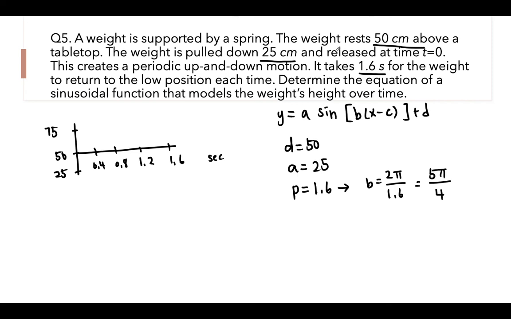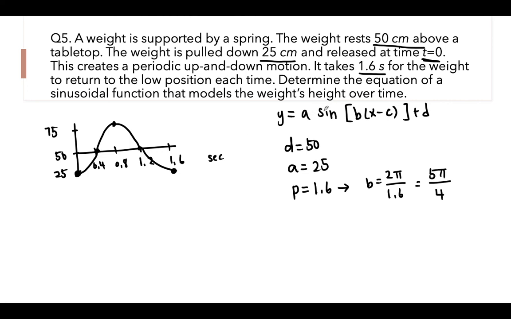Okay, and then you will notice that at time 0, it's pulled down 25 centimeters. So at 0, it's pulled down to 25 centimeters, and obviously after one cycle, it's going to come back to 25 again. And then halfway, you have the highest point and the middle. When I connect the dots, it will look like a cosine graph that is upside down, meaning a reflection through the x-axis.